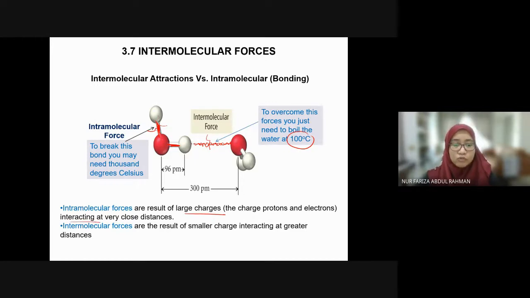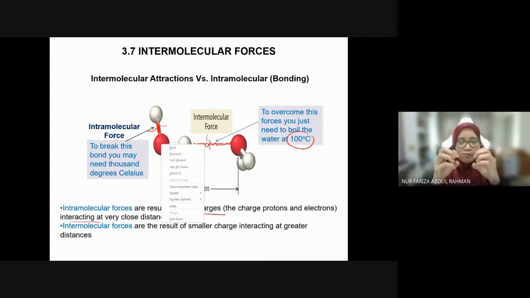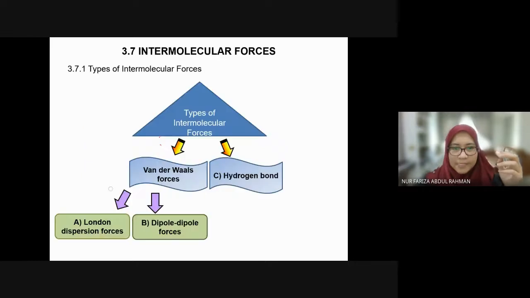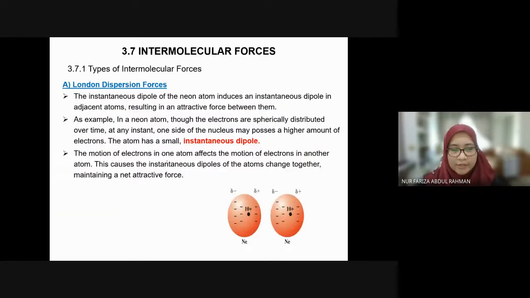It is because of the attraction between the nucleus and the electron. The nucleus is very positive, the electron is very negative. When they attract, they form a bond.